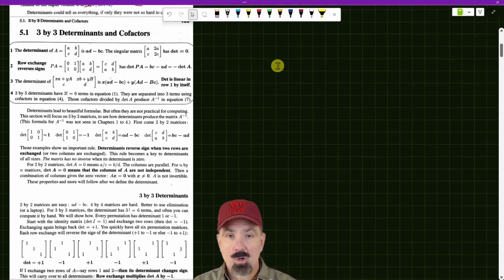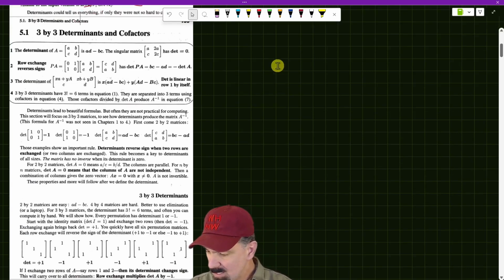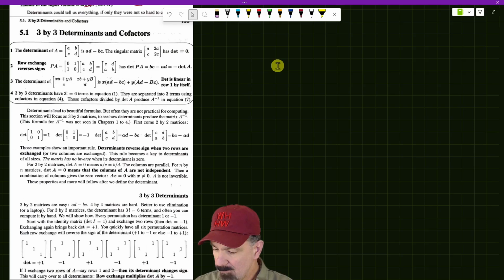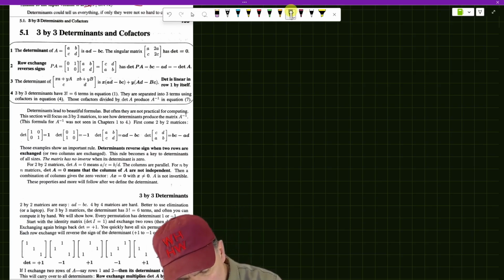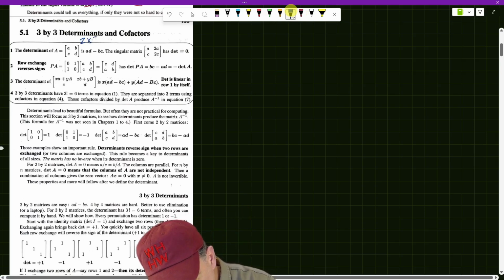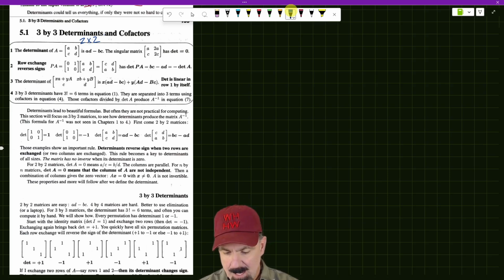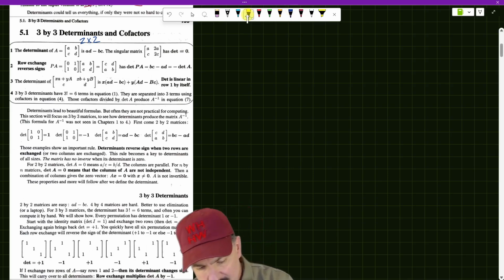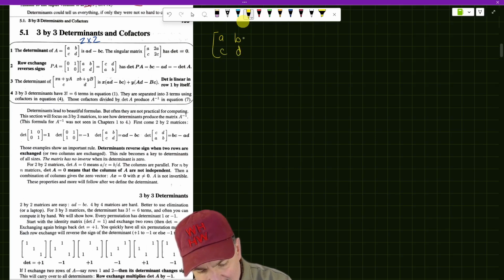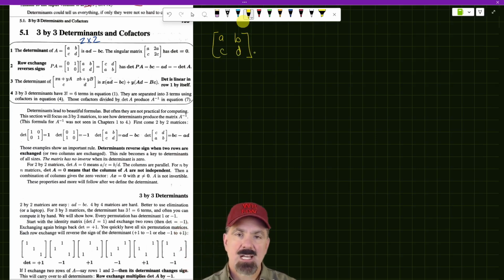And again, we're going to look at this introductory material and make some notes about what's important for us here. A couple of these things you already probably have seen before. 2 by 2 matrices are easy to calculate the determinant. And this is really just the back and forth that you've probably seen before. We have A, B, C, D. The only reason I'm highlighting this is because this kind of back and forth idea is inherent in all determinants, even though, quite frankly, it's difficult for us to calculate anything by hand that's over 3 by 3.